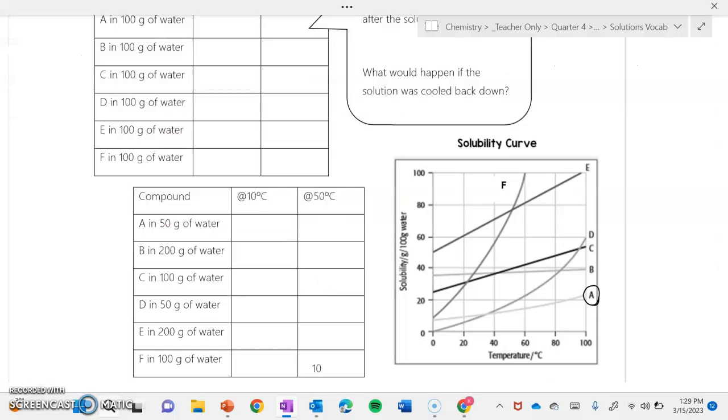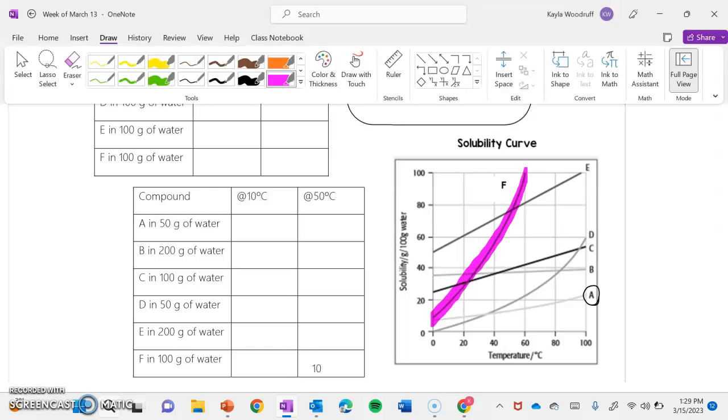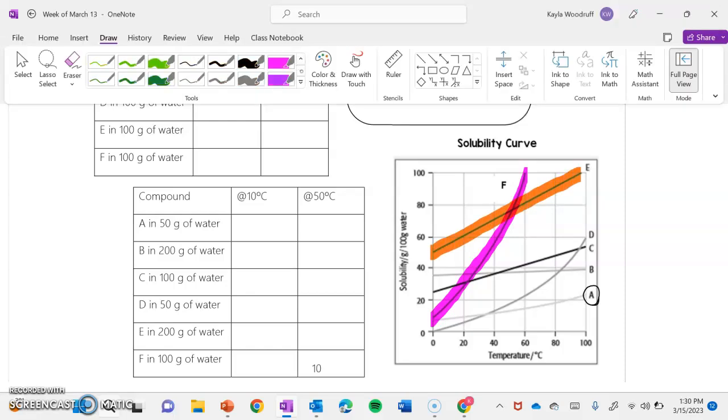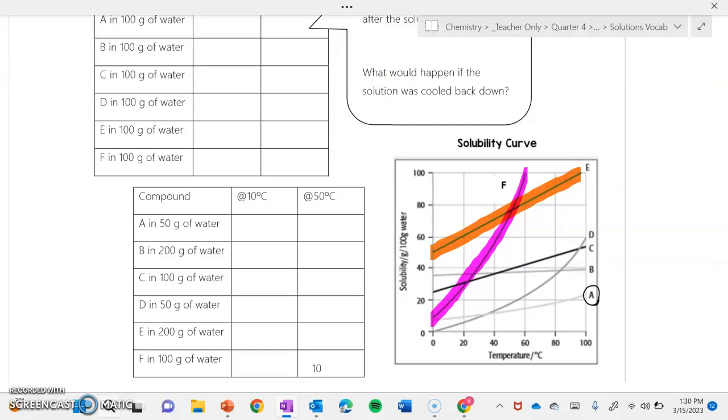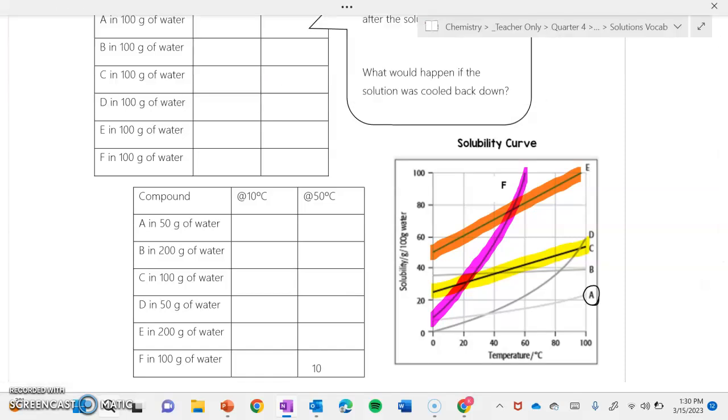We'll do pink for F. And then we'll do orange for E. We'll do yellow for C. We'll do green for D. Blue for B, and purple for A. So hopefully you can see that a little bit more clearly based on their colors.